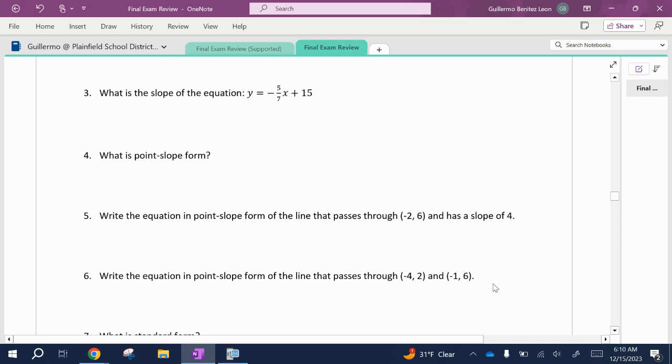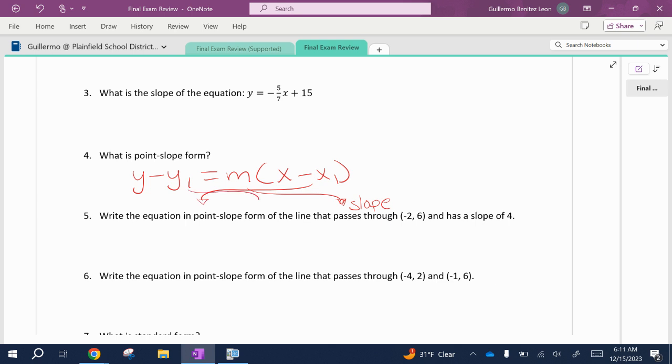Point slope form is this. Point slope form is y minus y1 equals m parentheses x minus x1. And if you remember, m is my slope, x1, y1 is the point that I need.